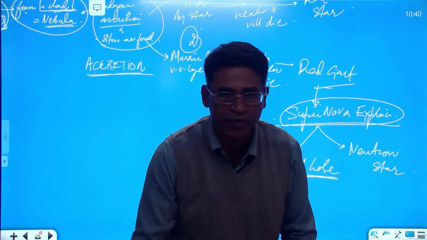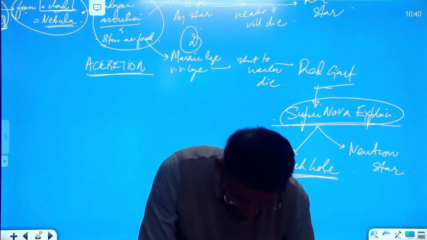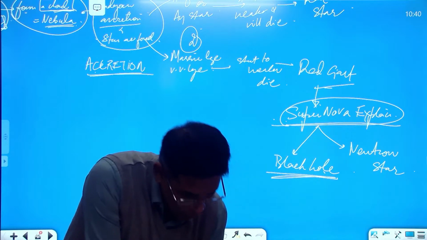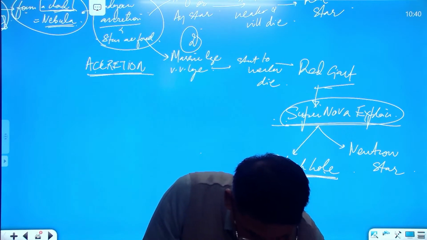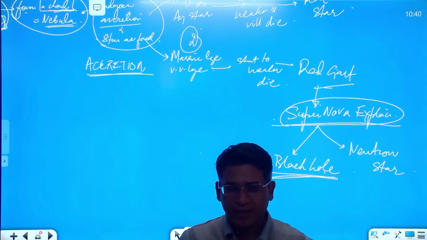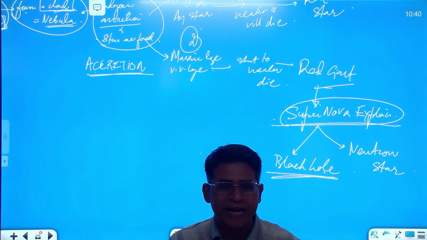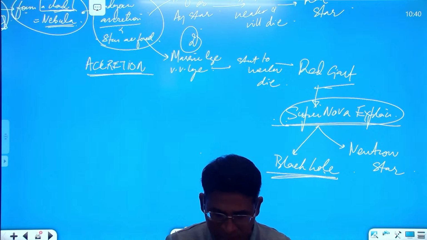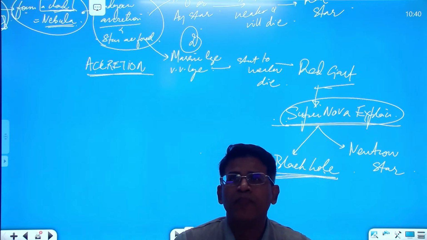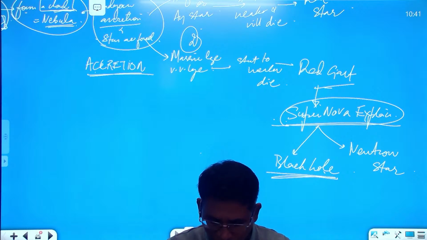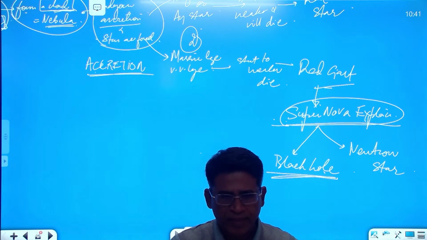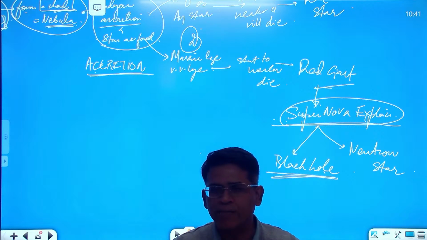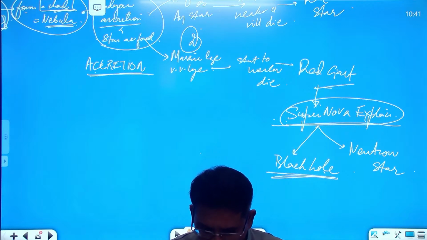Write down here that a black hole is essentially a dead star formed due to supernova explosions.